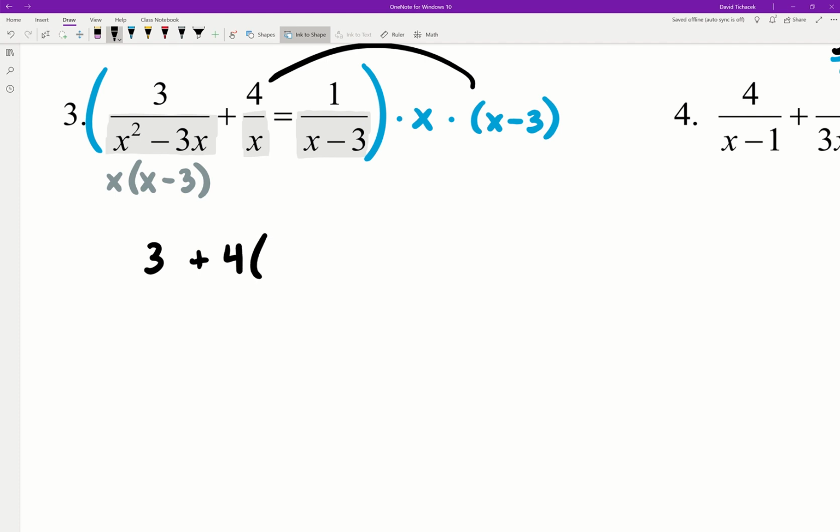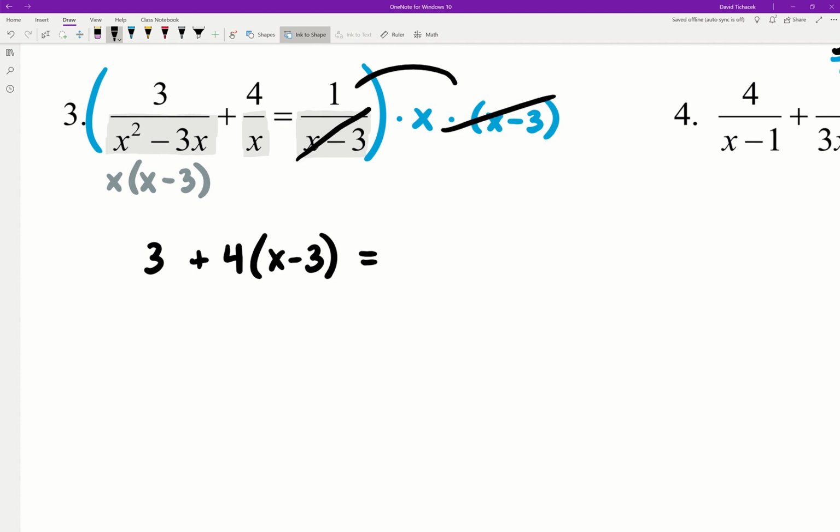So left over there is just simply going to be a 4 times the expression x minus 3. Equal sign there. And then what we're now going to go ahead and do is distribute that to the very last term. Of course, this divided by x minus 3 is going to cancel out with this times x minus 3 and just leave you with what's remaining. So that's just simply going to be 1 times x, or in other words, just 1x there, or just x. Okay?